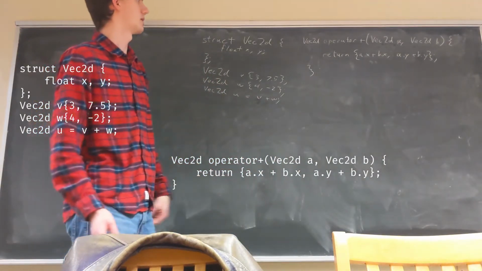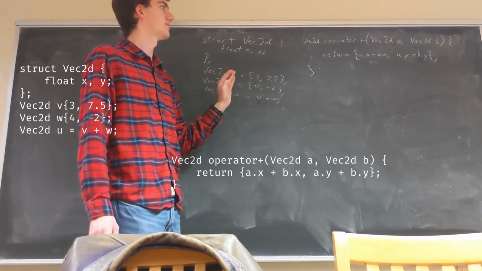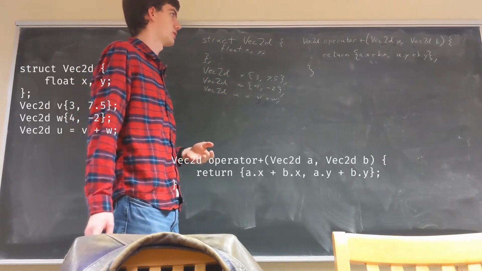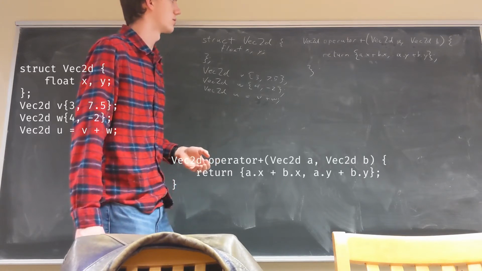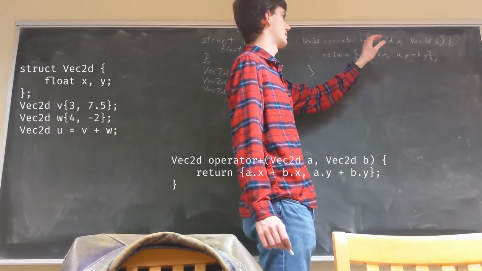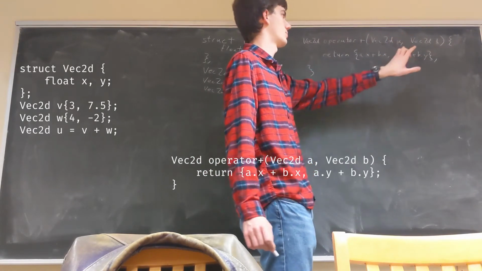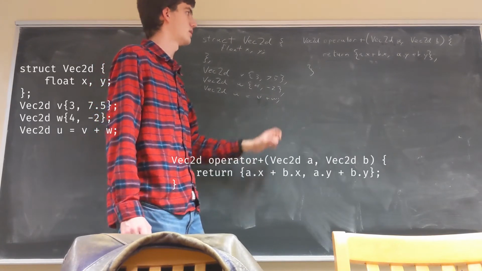You can define that inside the class struct as a member function, which may be useful for a variety of reasons. In that case, for the case of a binary operator, because this is operating on two values, right? It's this plus that.